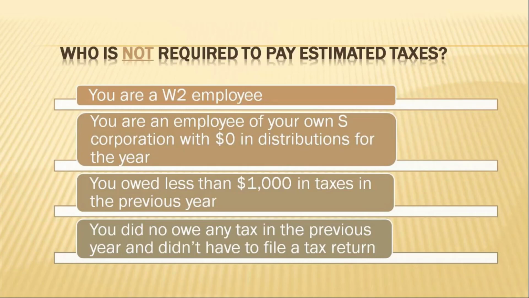However, in the subsequent year, you are on track to make maybe twice that or three times that. Well, you already know you're going to owe quite a bit in taxes. So even though you're not required to make estimated payments because you owed less than $1,000 the prior year, it's advisable to go ahead and estimate your payments and pay them anyway.